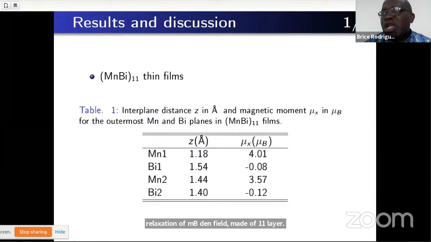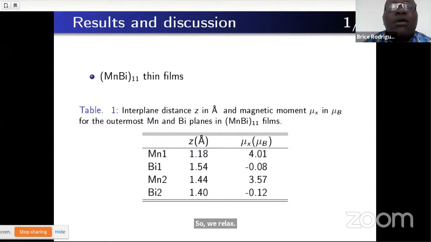So we relax all of the atoms by fixing only the 4 bottom atoms.